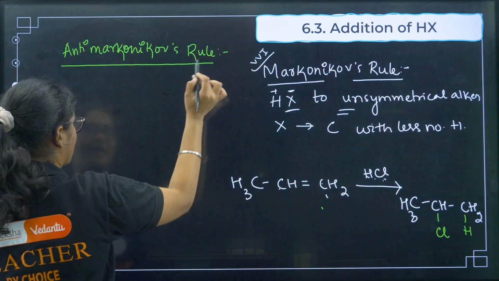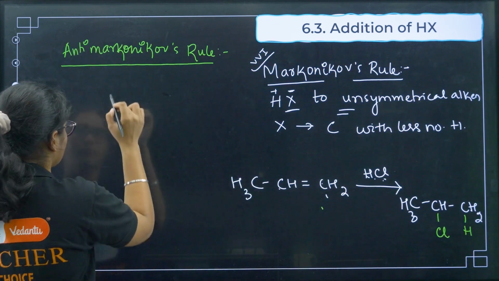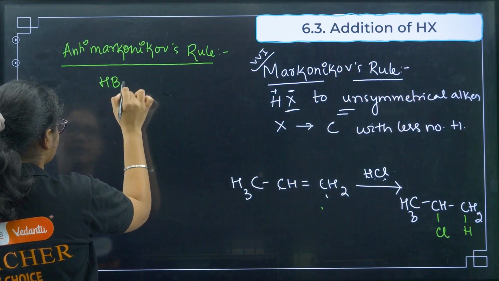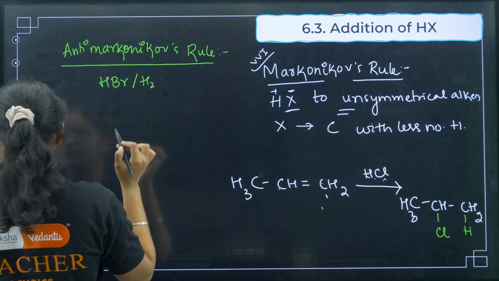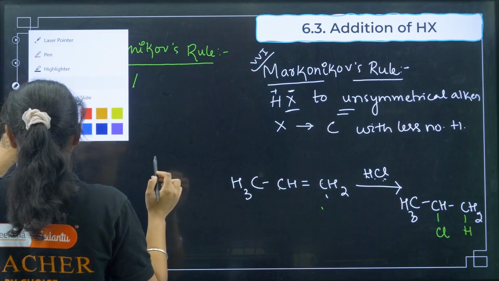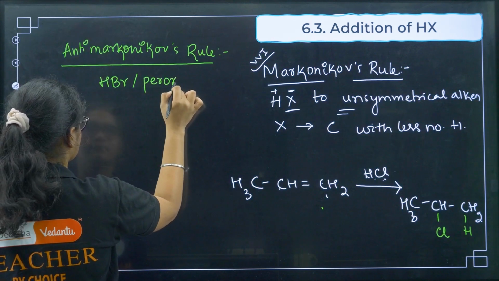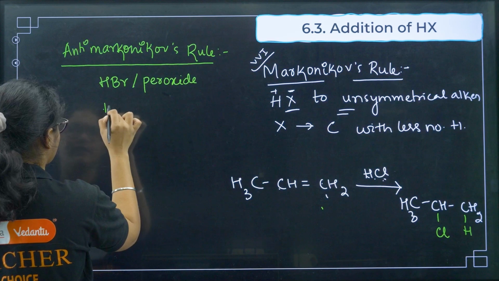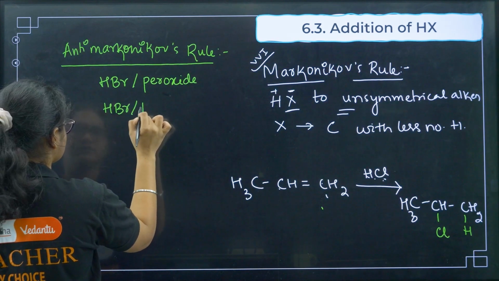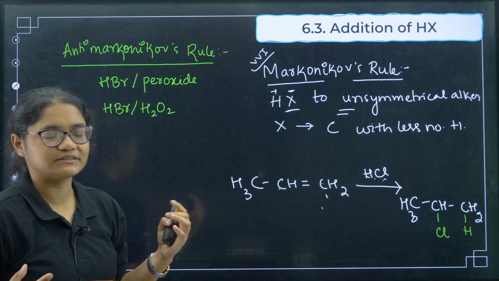But remember, this anti-Markovnikov's rule is applied only with 1 halogen, that is bromine. So if you use HBr in presence of any peroxide, for example, HBr in presence of H2O2, then the opposite thing will happen.